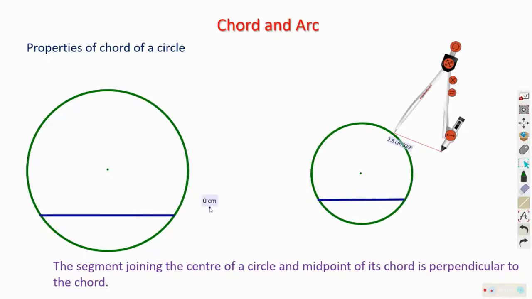Now what I have to do is mark its midpoint. To mark the midpoint, either I can use a ruler or I can bisect it by using a compass. In this case I will be using a ruler to mark it.